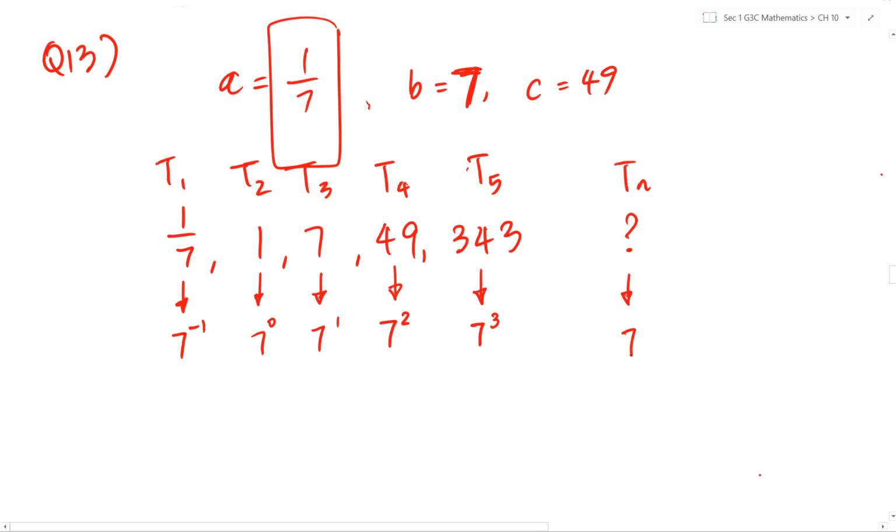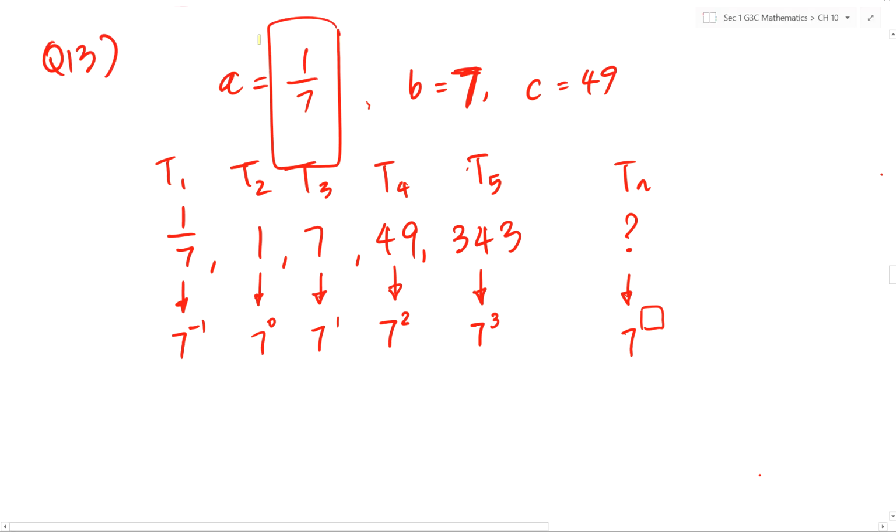What is it that we need to find out now? The power. Okay, what is inside this blank for this power? What do you think it is? Is it n? Is it n plus 1? N plus 2? N minus 1? N minus 2? What is it going to be?